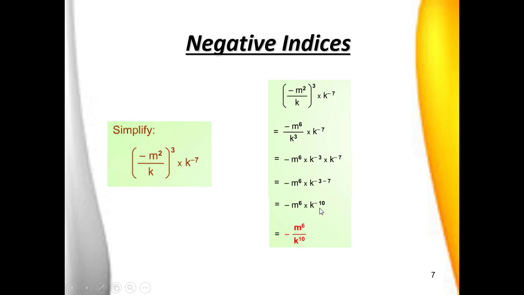Usually whenever the indices have a negative power, you are expected to change it into positive. So you're going to write the k to the power 10 at the denominator, like this. So from this one, we simplify it to this, and cannot simplify anymore because m and k are not the same, so you can't combine.